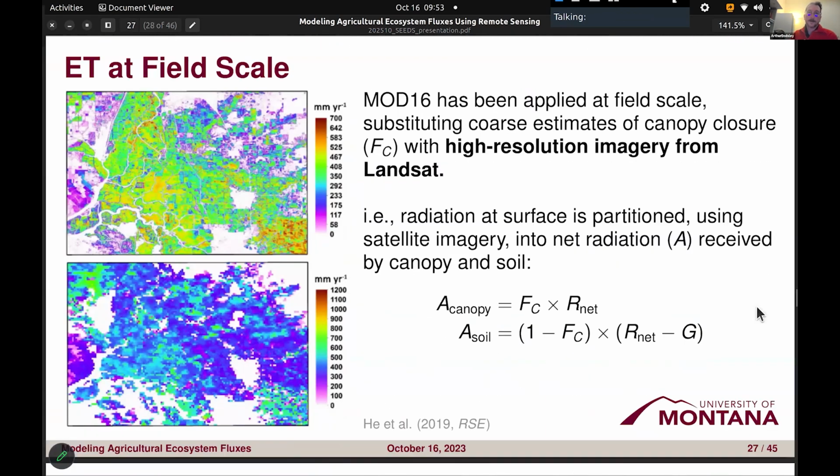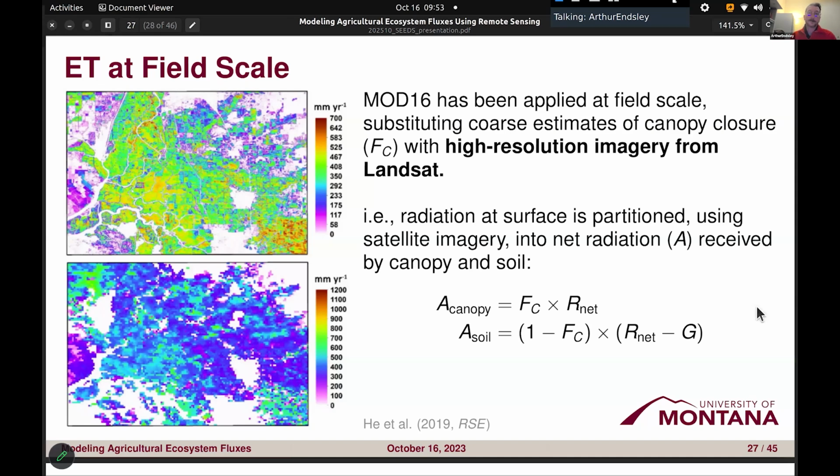Now, Mod 16 is at 500-meter resolution. Many of you are probably more interested in field scale, much finer resolutions. I'm happy to report that Mod 16 has been applied at field scale. This is enabled by the fact that we partition the radiation that reaches the canopy or the soil using a measure of canopy closure, canopy FPAR, similar to leaf area index.